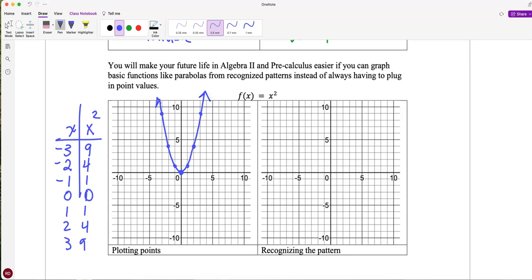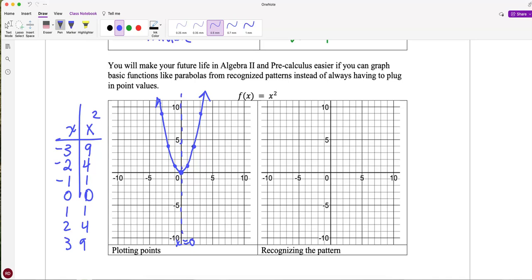And the other way I can graph it is like you're squaring a number. So when I get x equals 0, the y is 0 squared. x equals 1, the y is 1 squared. The other thing I notice is that this thing has an axis of symmetry at x equals 0. So once I have a point here, I've got a matching point over here.